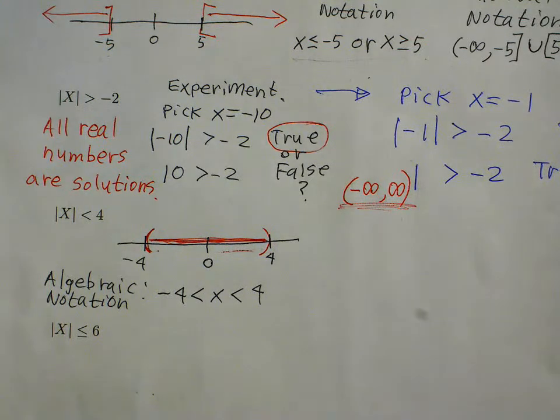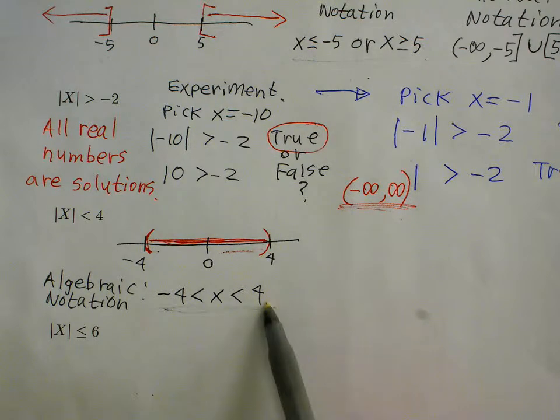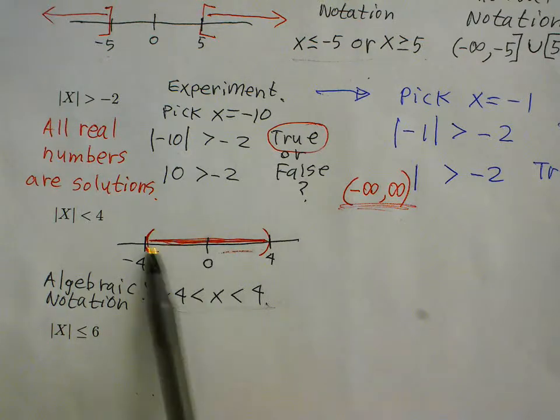So remember what and means. It means that a number satisfies two conditions at the same time. One of the conditions is that -4 is less than x. And at the same time, the other condition is that x is less than 4. And this resembles the graph of the solution set. Just think of x being a number in this interval.